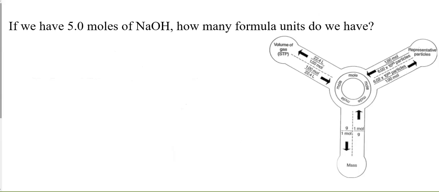So for instance, if we have 5 moles of sodium hydroxide, how many formula units do you have? So we're starting off with 5 moles, so we're starting off right here in the center. Always write what you have to begin with. So 5 moles of sodium hydroxide. And I stress this because it'll make a lot more sense when we start doing stoichiometry.